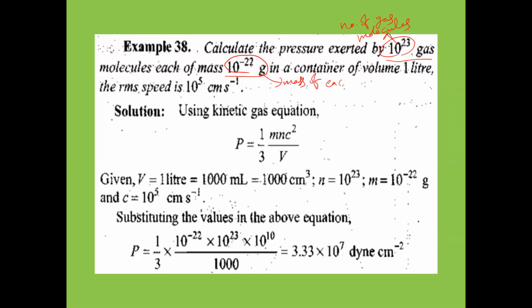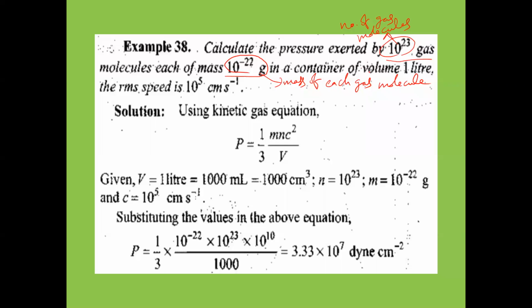Mass of each gas molecule, how much is given? 10 power minus 22 grams. And how many molecules? 10 power 23 molecules. Now the total mass will be equal to 10 power 23 into 10 power minus 22 grams.